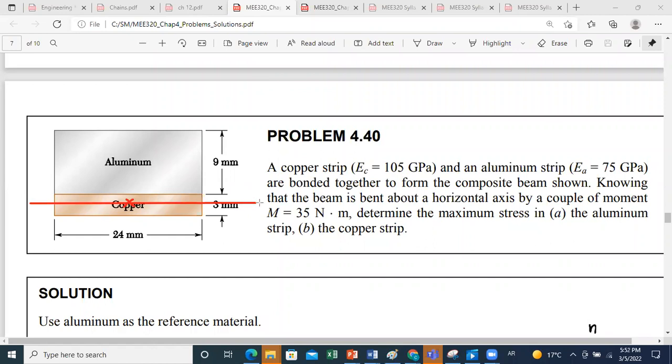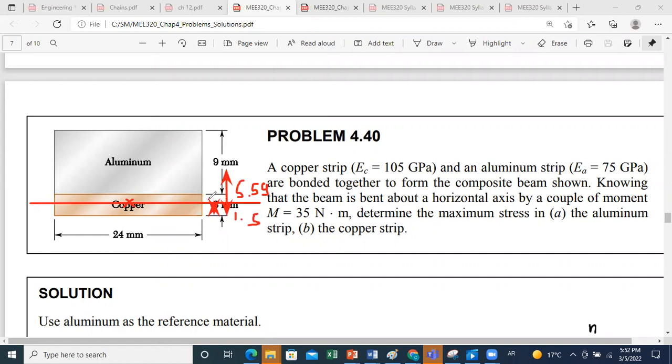We said that the centroid is at a distance of 1.5 millimeter from the bottom. However, for the neutral axis, we found the distance from the bottom is 5.59. So we just do the difference, 5.59 minus 1.5.